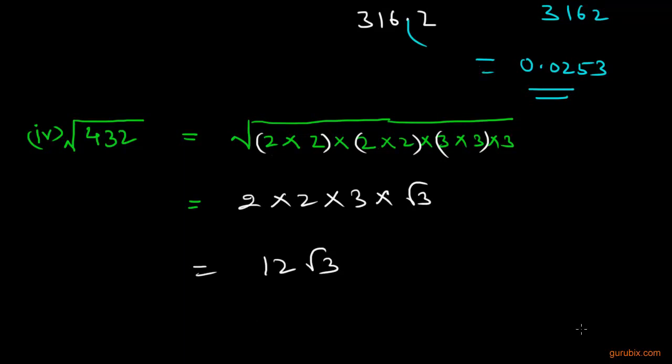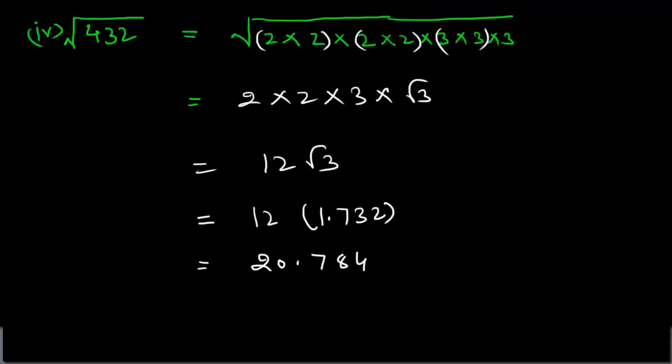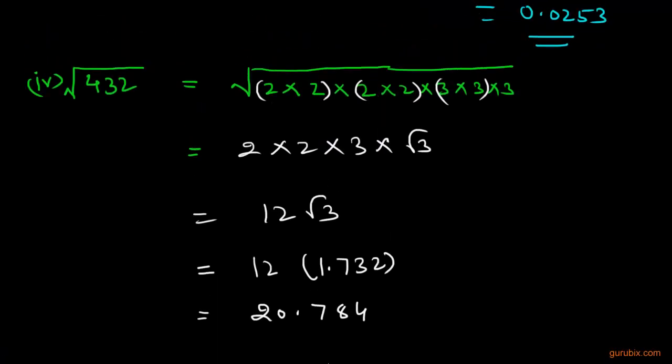Now we shall use the square root table, and in the square root table the value of root 3 is 1.732. If we multiply 12 with this 1.732, we get 20.784. So this is the solution of the fourth part.